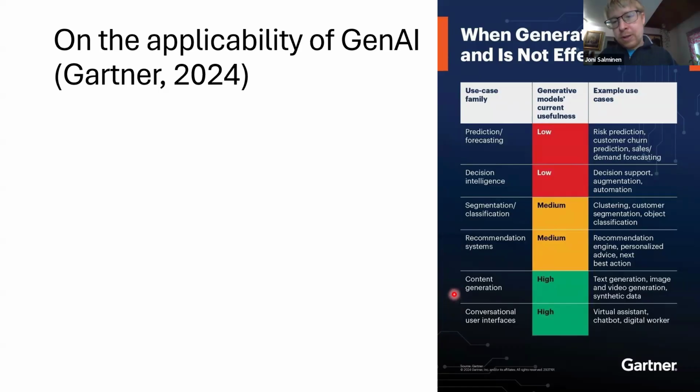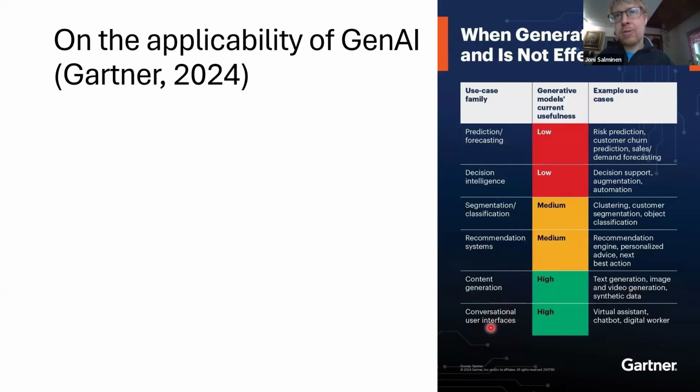Content generation and conversational UIs are what Gartner thinks it's best for. This would roughly be compatible with top marketing cases, right? Text, image, video generation, those are really clear marketing use cases. So for marketing use cases, generative AI seems to be very good.